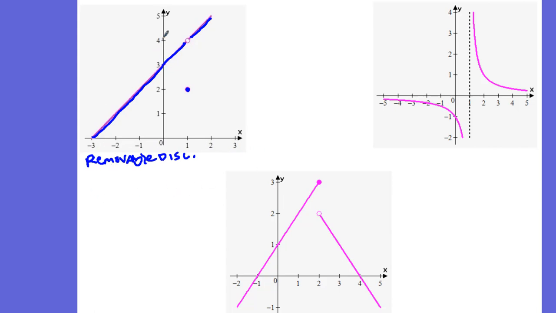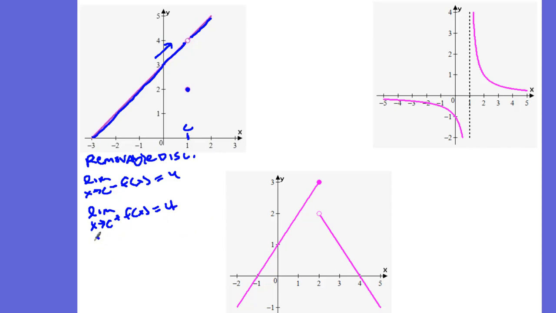Think about it. Do we have a limit as x approaches c? We're going to call this point c. The limit as x approaches c of our function f of x from the left-hand side is 4, isn't it? The limit as x approaches c from the right-hand side is also equal to 4.